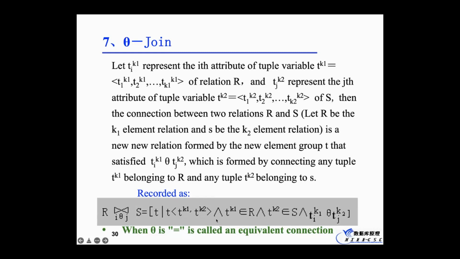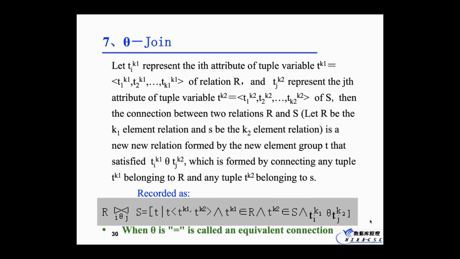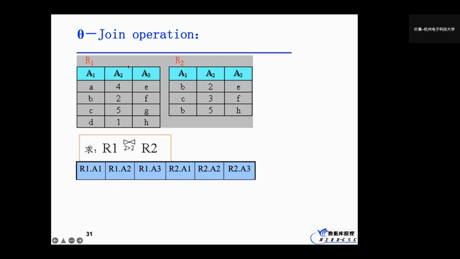And here, if theta is equal, then we can call it an equal connection. So here, let's see an example. For these two relations, we want to make a theta join between this R1 and R2.